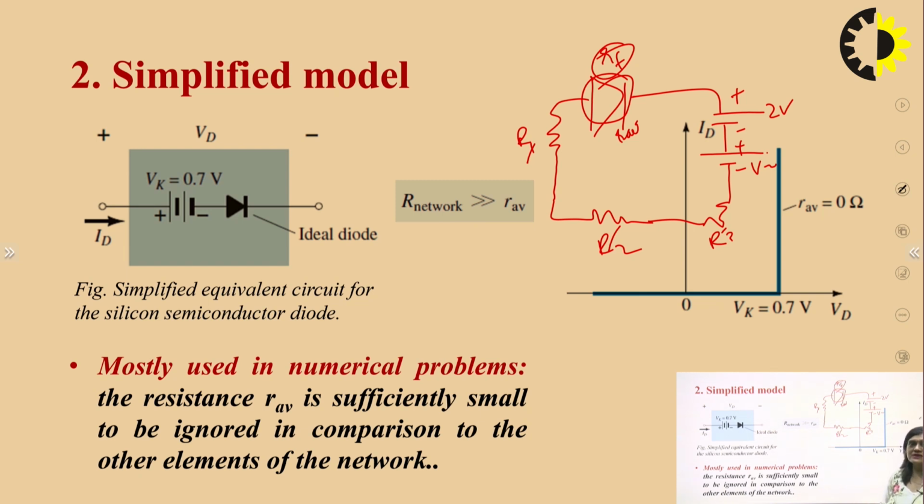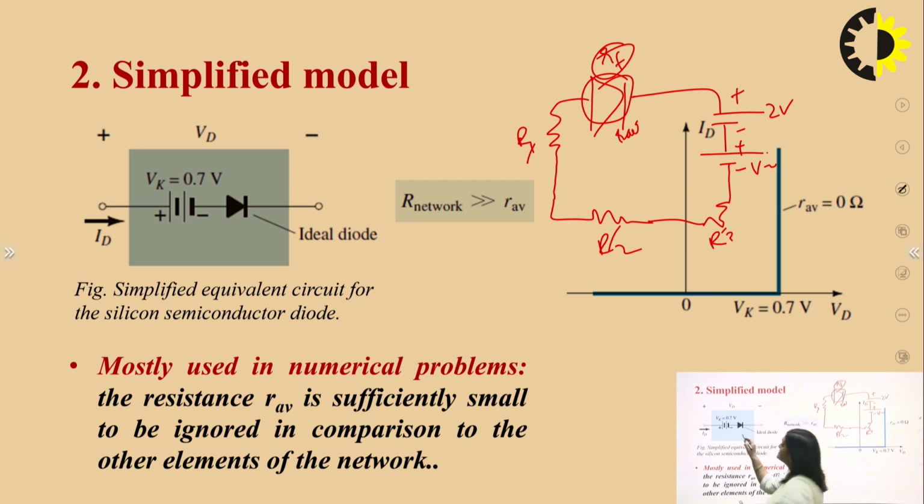In the previous case we did not ignore the resistance of the diode, but here the diode resistance of 100 ohm is very small in comparison to the R network. R1 may be 2 kilo ohm, 3 kilo ohm, 4 kilo ohm, so the equivalent will be almost 10 kilo ohm, which is very high compared to 100 ohm, so we can ignore the 100 ohm.